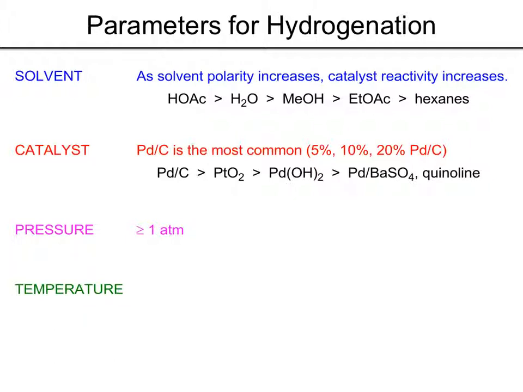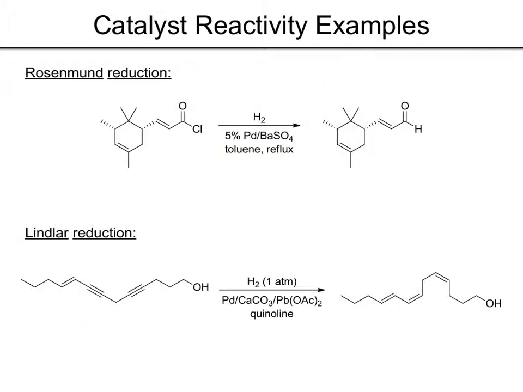That's the Lindlar catalyst combination with palladium on barium sulfate and quinoline. Usually we will have hydrogen gas at 1 atmosphere or higher pressure, and the temperature ranges from room temperature to high temperatures. Now let's look at some catalyst reactivity examples.